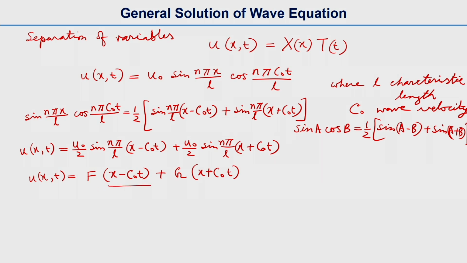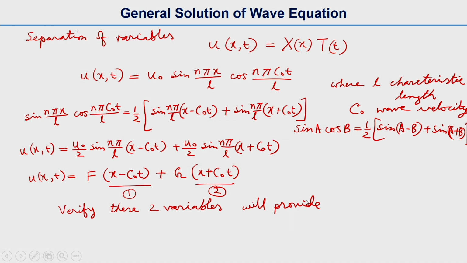The first variable is x minus c naught t, and the second variable is x plus c naught t. We will verify whether these two variables will provide a correct solution to the wave equation.